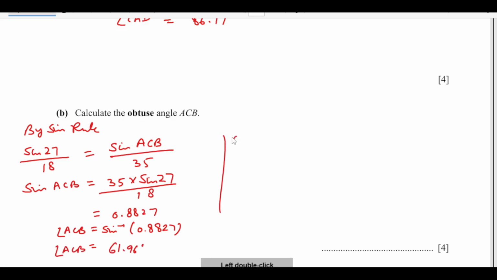So for the obtuse angle, we will take it from 180, so 180 minus 61.96. So this comes out to be 118.04. Why have we done this?